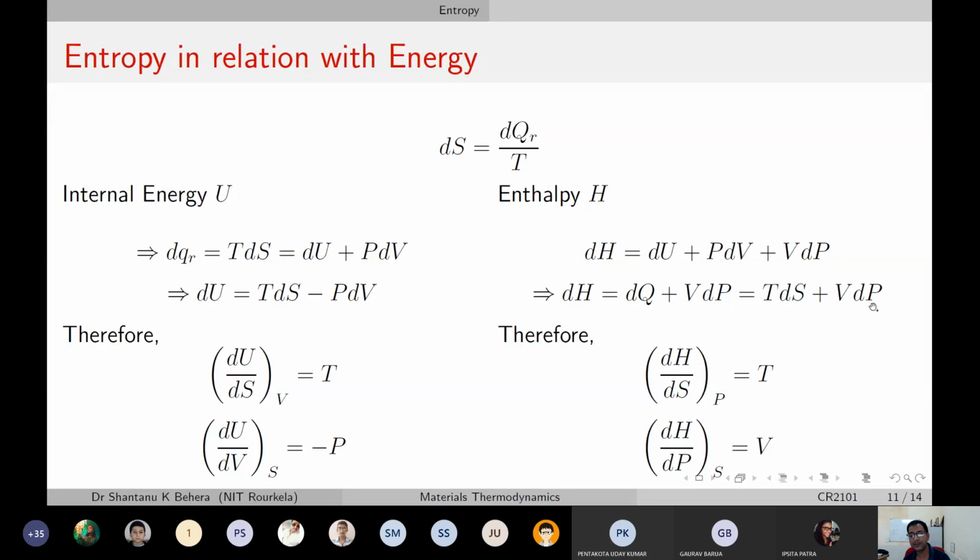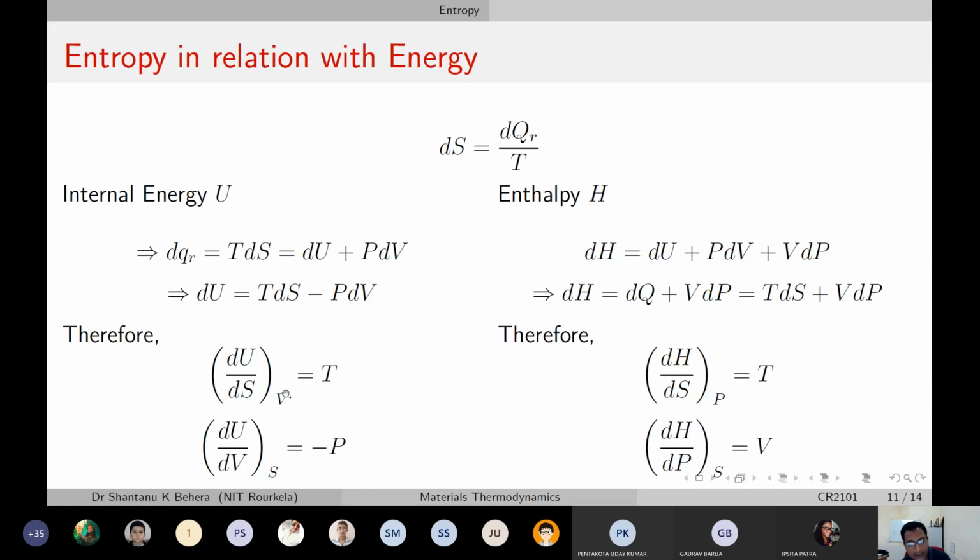This is also a very important relationship in thermodynamics. dH is TdS plus Vdp. So if that were so, then del H by del S is going to be T, simply temperature. And del H by del p is going to be V.